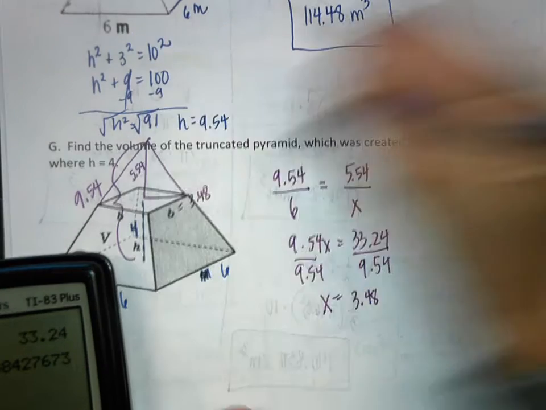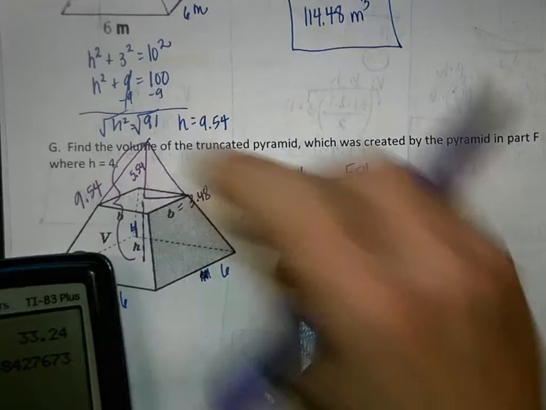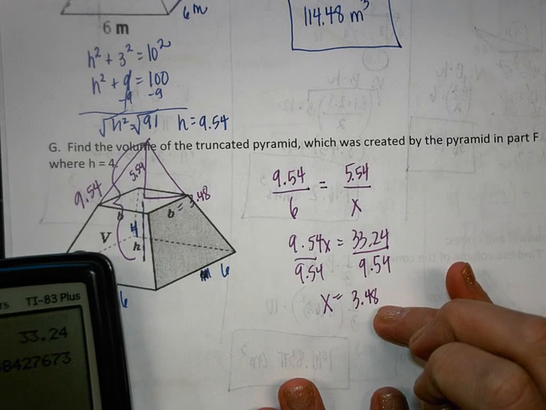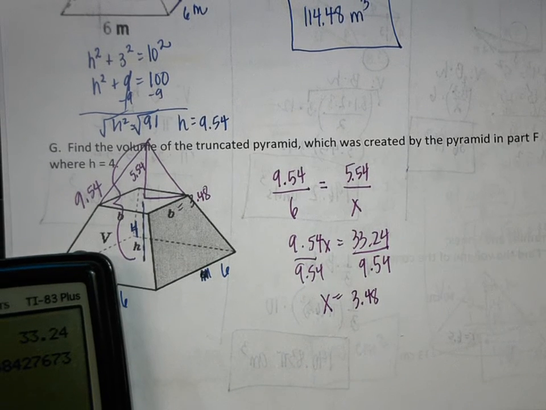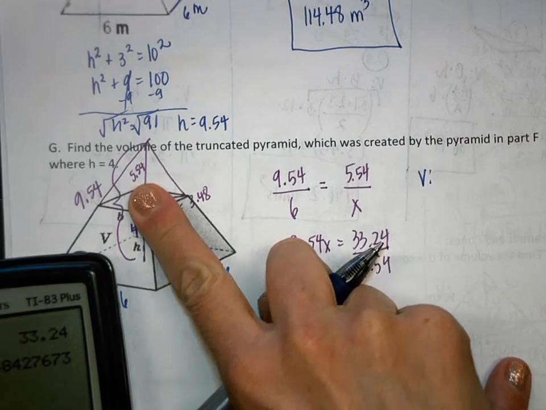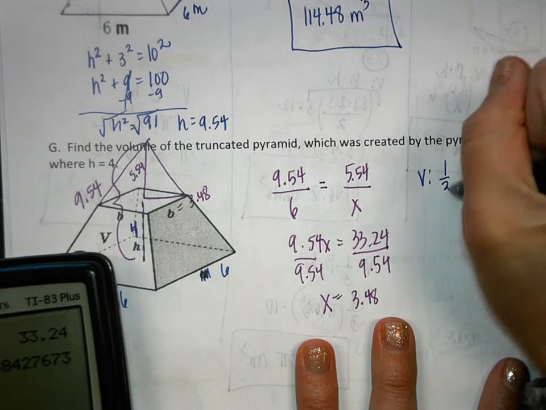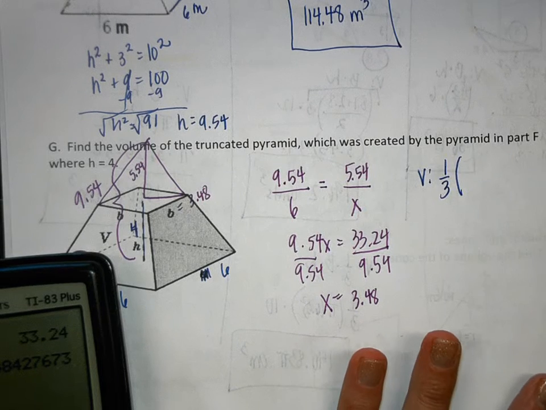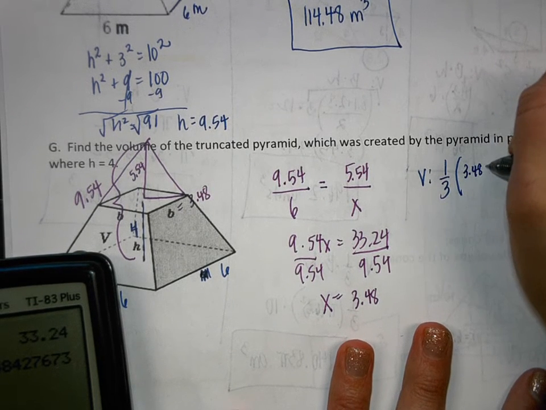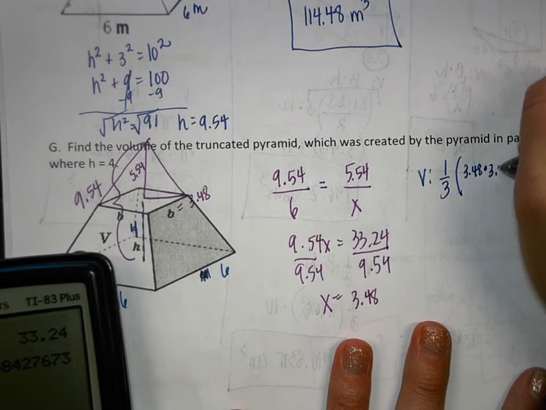So, can I now find the volume of the small pyramid? If you round it to the nearest tenth, then yes, but I'm going to leave it like this. In your homework, if you want to go to the nearest tenth, that's fine. So, the volume of the pyramid on top is going to be 1/3 times my base area, which is going to be what? 3.48 times 3.48, because it's still square.